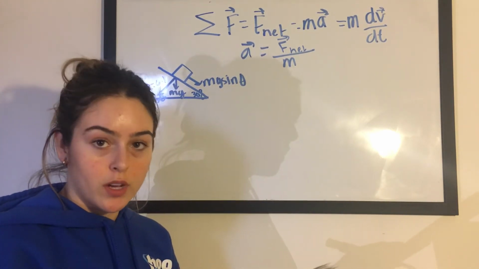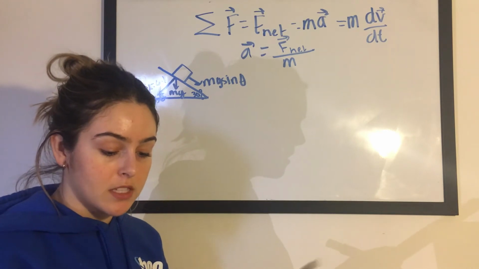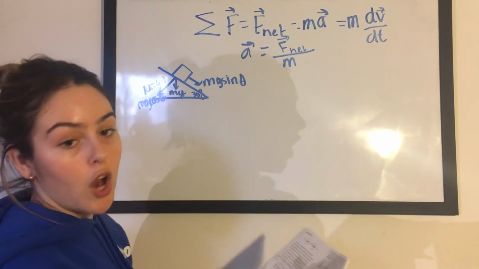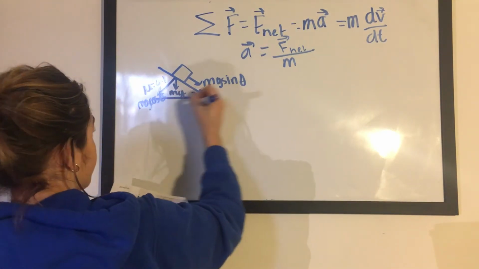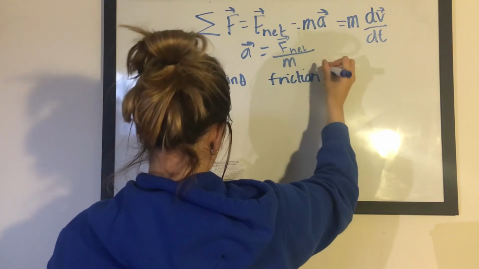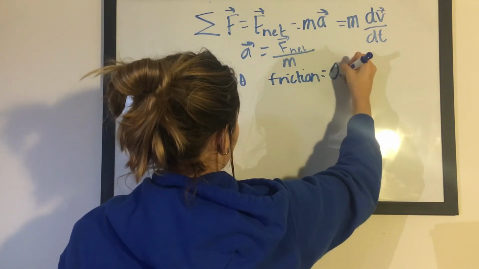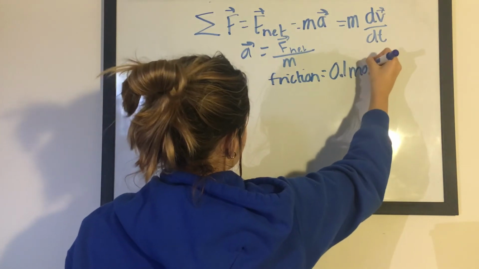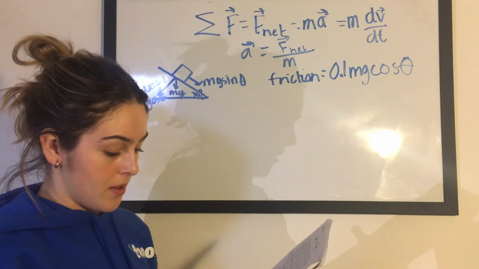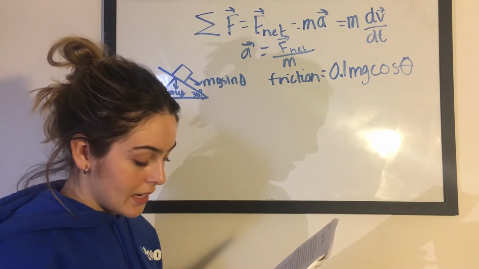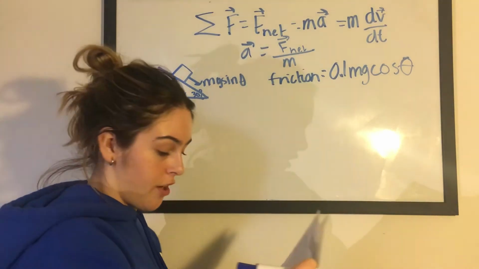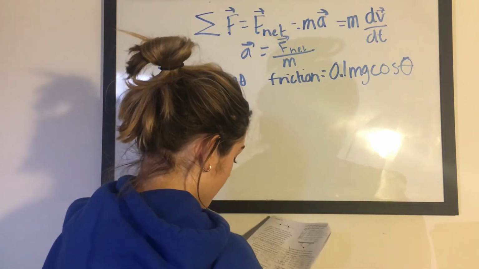So the question again is asking which of the following best describes the acceleration of the skier. So we know that friction is equal to 0.1 times mg cosine theta, which is given as an equation of force of friction.